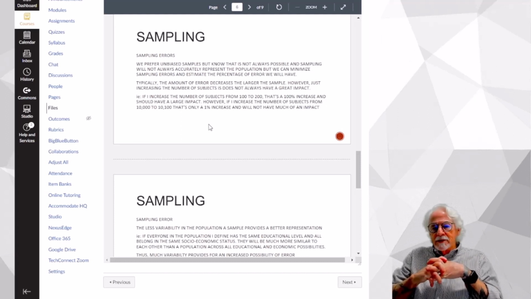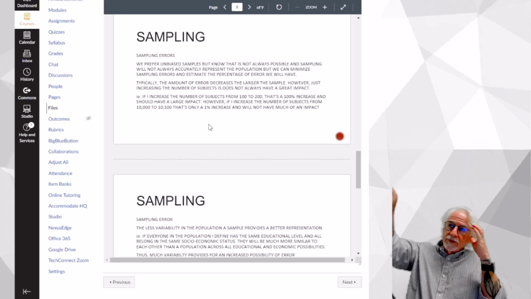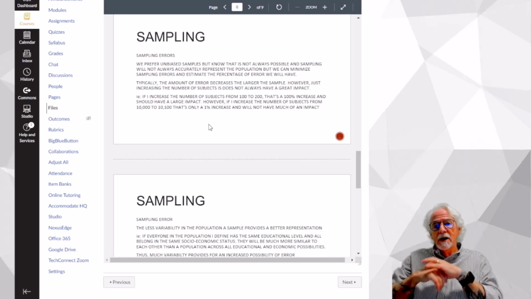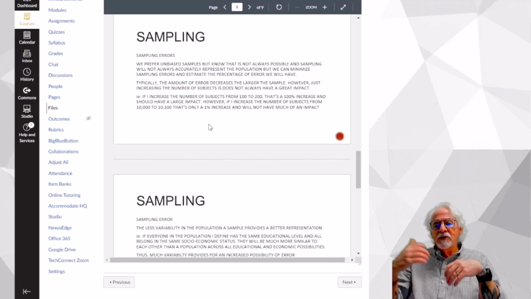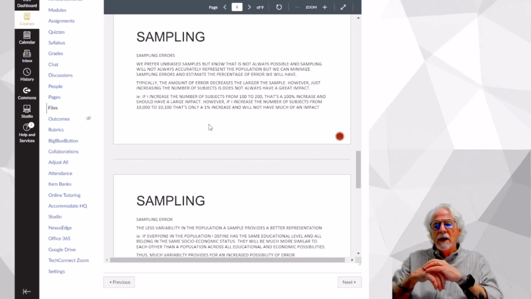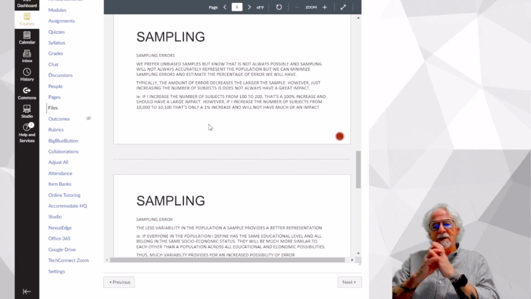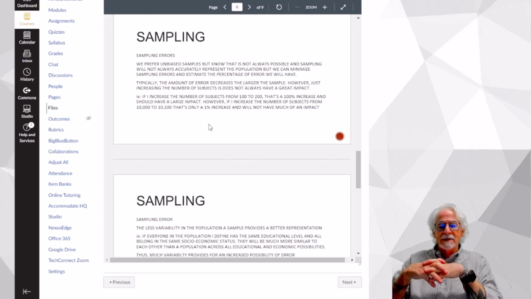So a lot of things come into sampling. If I'm taking a sample of all the population of students at Delta College and I start with a sample of 100 people, and I increase that to 200, then that makes a significant difference. Doubling that size makes a significant difference in the kind of data I would collect.